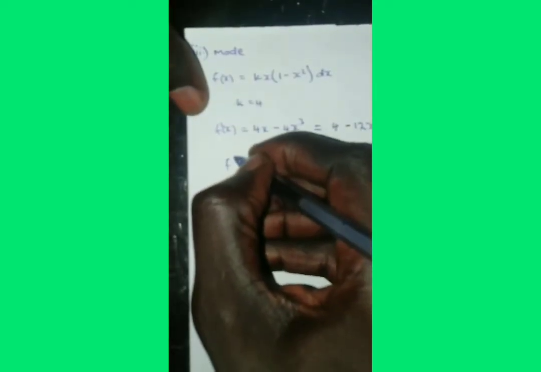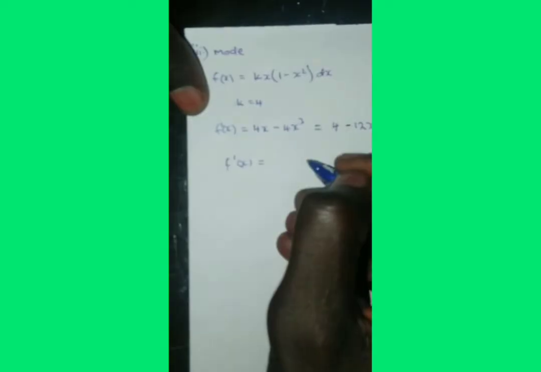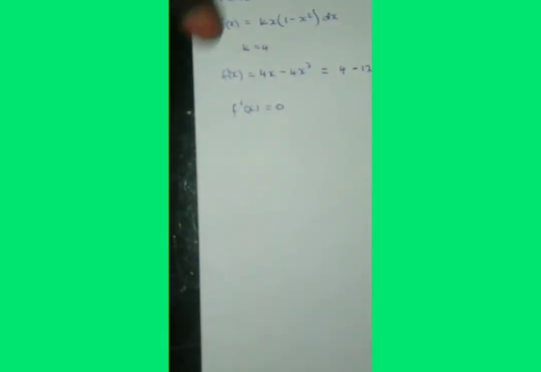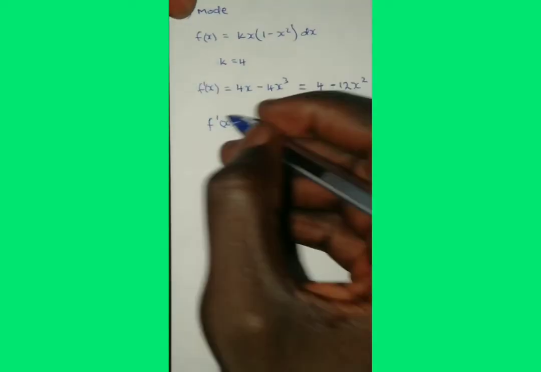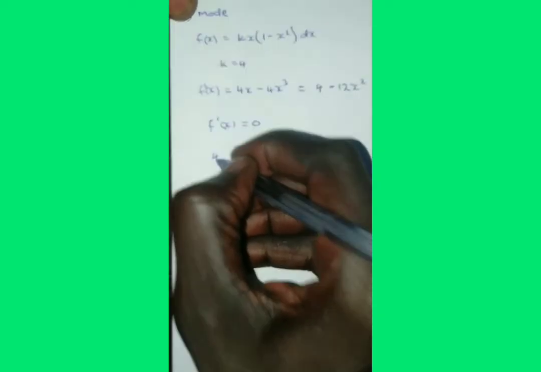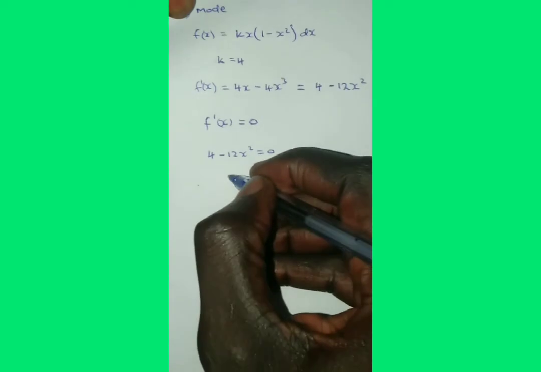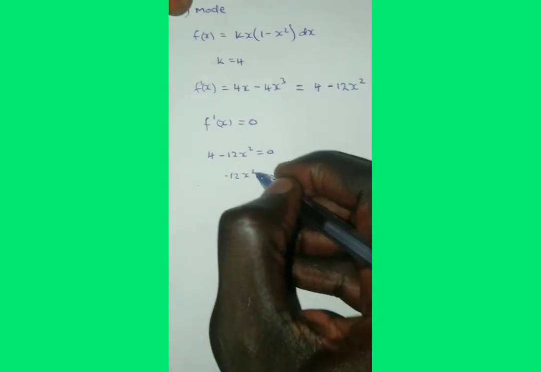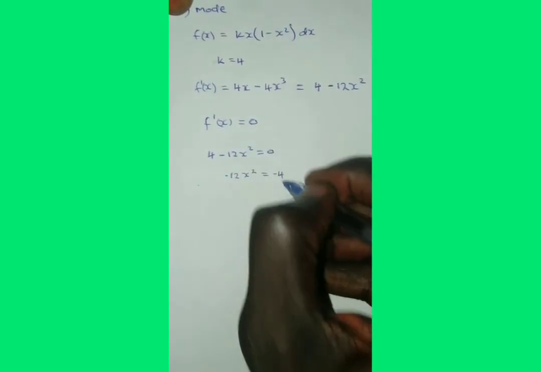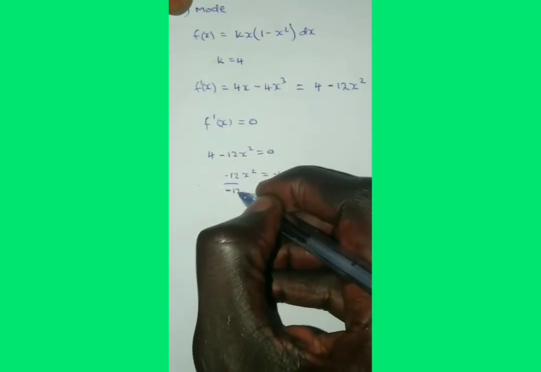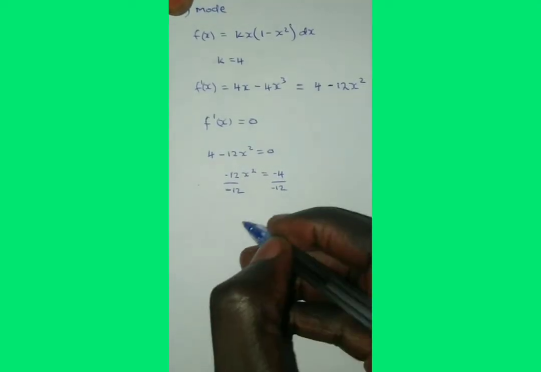So f prime of x should be 0. So 4 minus 12 x squared equals 0. So negative 12 x squared equals negative 4, divided by negative 12 on both sides.